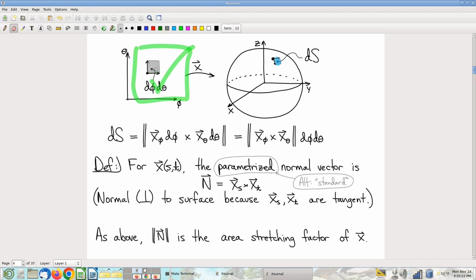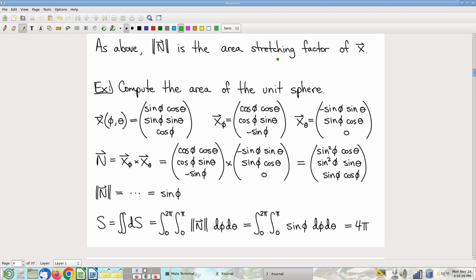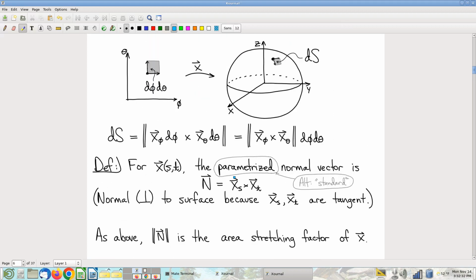So here's how that calculation goes. Computing the total area of the unit sphere. Well, we know that we're going to need this N vector. More to the point, we're going to need to know the magnitude of N. So I'm going to compute that first. And before we get into that algebra, let me point out it's a multi-step process. First thing I have to do is have a parameterization.